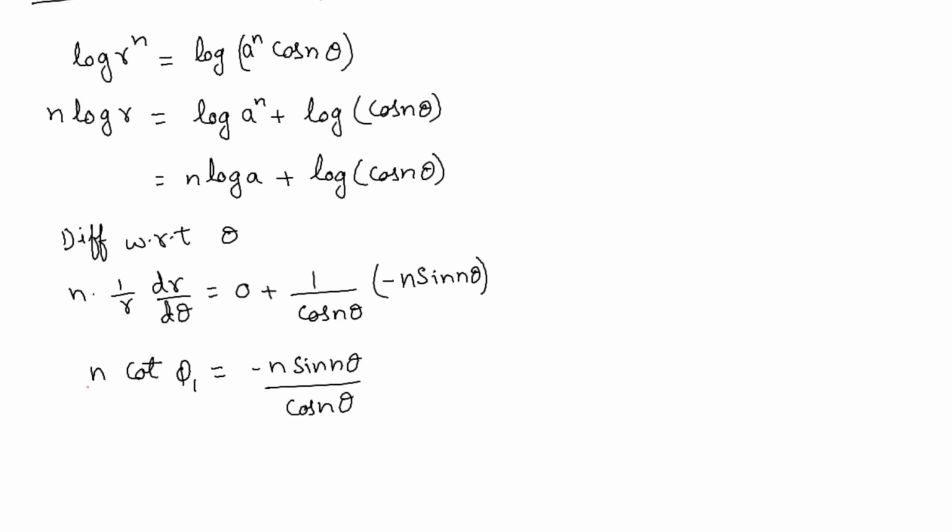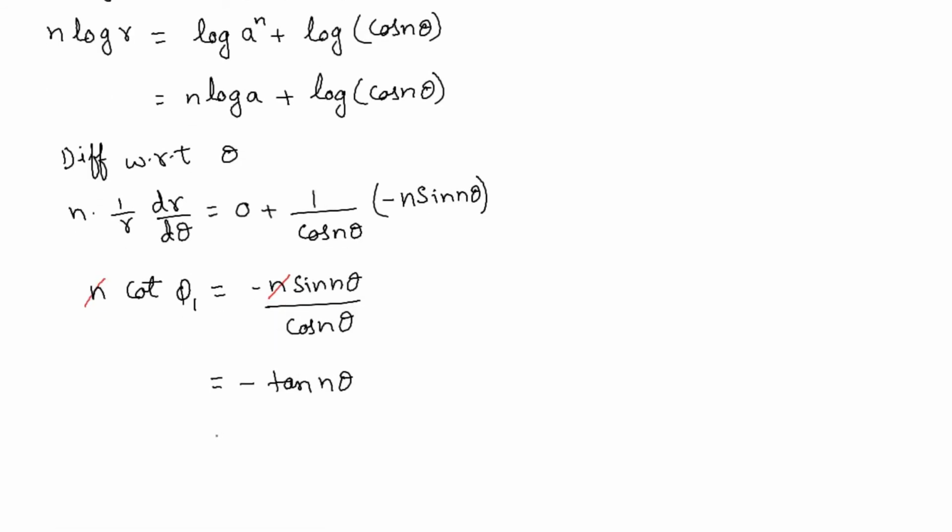You see that this n and this n will cancel out, and we are left with minus of sine by cos, which will be tan. So we'll be getting tan of n theta. Or this can be expressed in the form of cot. So I can write this as cot of 90 plus n theta.